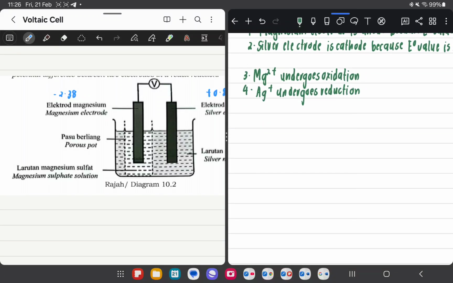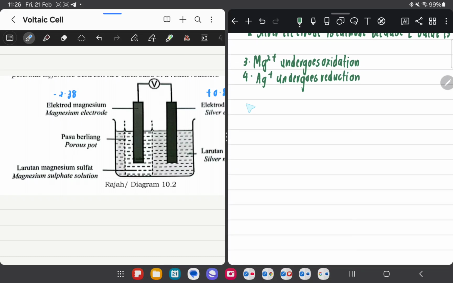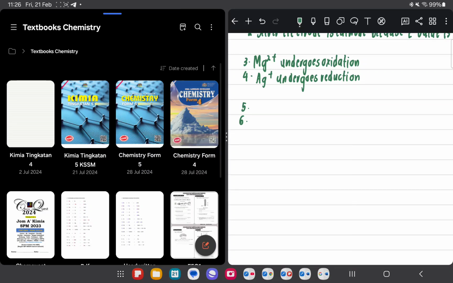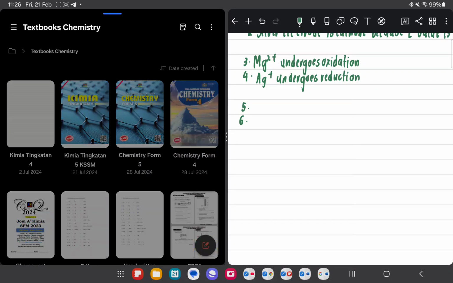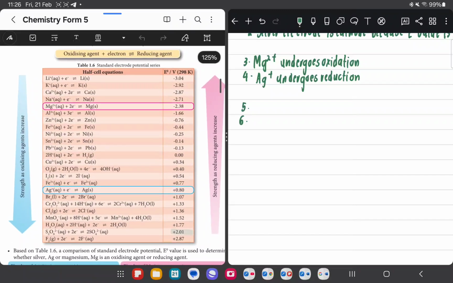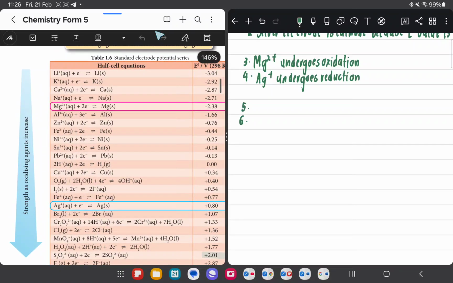After that, what you should say is the half equation. Where to get the half equation? See your standard electrode potential table. Come, let's refer to the table again. Okay, this is your table. You know Mg2 plus undergoes oxidation, so this is your Mg2 plus.